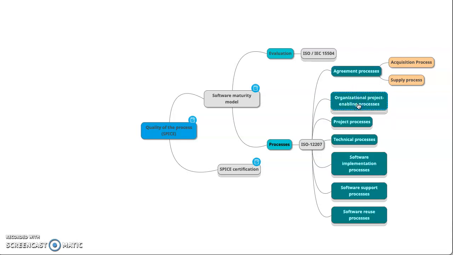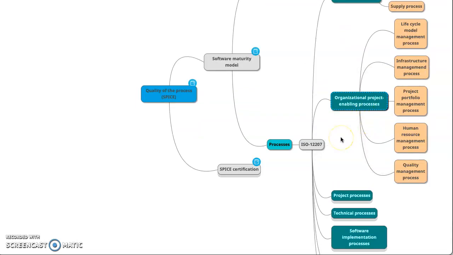With that, you go to organizational project processes, which give you information about the life cycle of the project, how you will manage the infrastructure, the portfolios of services or products you will have, the human resources, and the quality. The idea is to measure the quality and have information about quality across the whole project.